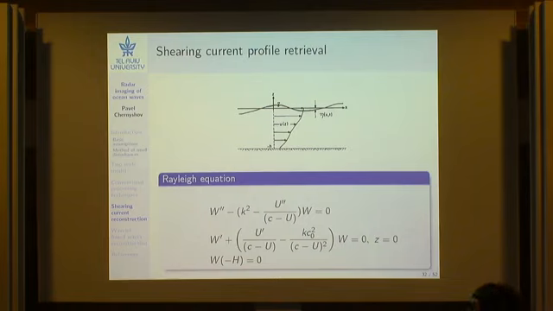Here W is the vertical velocity profile, U, as I mentioned, is the horizontal velocity profile, k is the wave number, c is the phase velocity, and c0 is the phase velocity if you assume only finite water depth, no current.